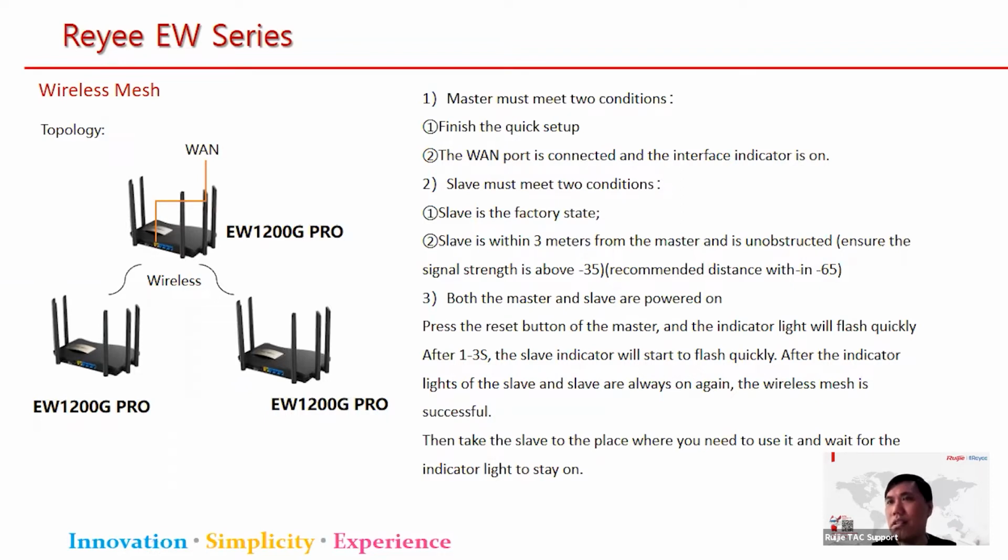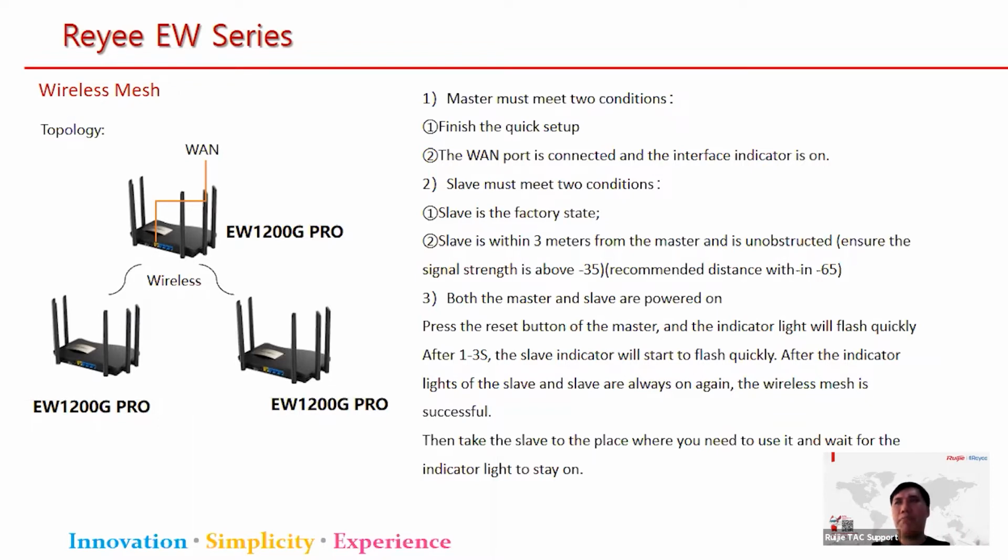And if supported, whether I can purchase one unit by one unit is another question. For the Reyee series, you can purchase 1 unit, 2 units, 3, 4, or 5 units, it's up to you. No matter how many units you purchase, you are able to build the wireless mesh for 5 units maximum.